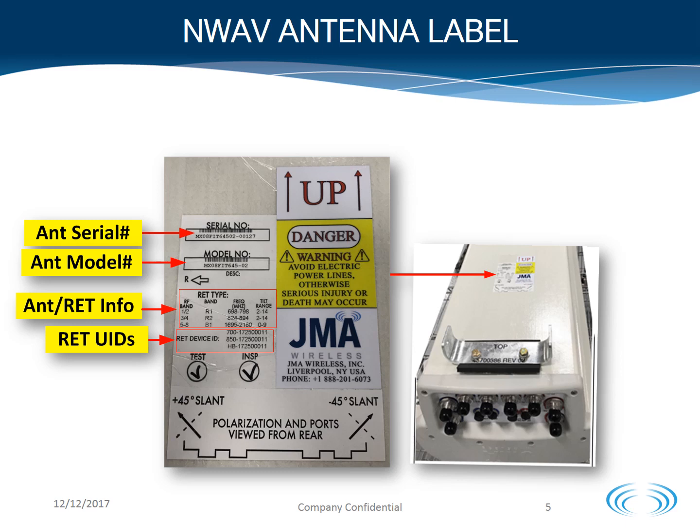The RET information and the unique IDs are also important to have during the commissioning so that each RET can be labeled properly per sector and position. Remember to not remove the factory installed brackets that are on the antenna.